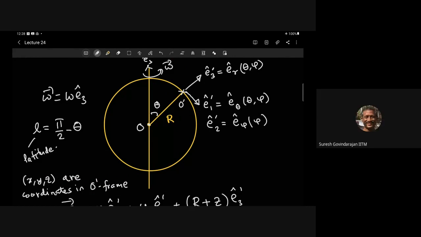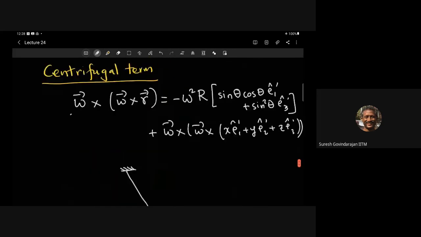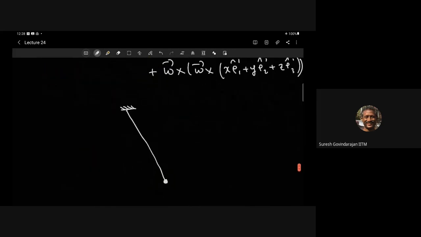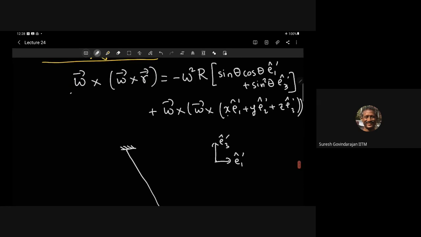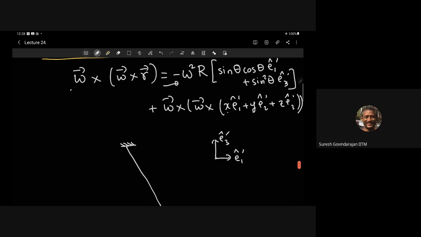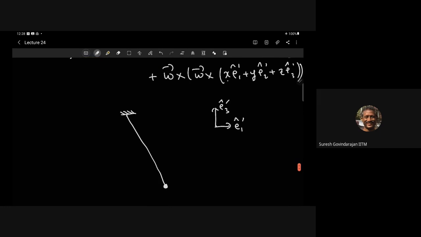It is g times minus E3. I'm drawing this in the E1 prime, E3 prime plane. What you will find is because of this term, and let's assume that X, Y, and Z are so small that we can neglect all these things, we want to ask what this first term is doing, and that's what I want to explain. So let's draw the vertical here.